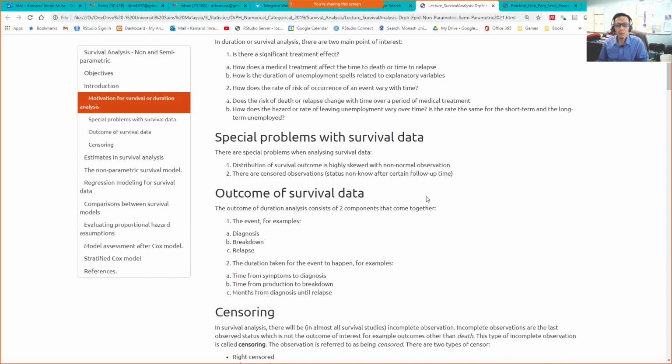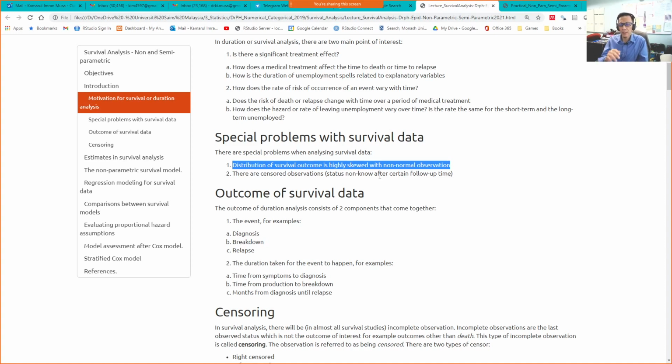However, there are special problems with survival data, and they can be these two. The first one is that the distribution of survival outcome is highly skewed with non-normal observations. Survival data most of the time will not follow the normal Gaussian distribution.